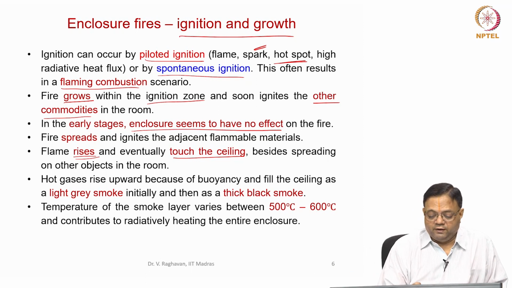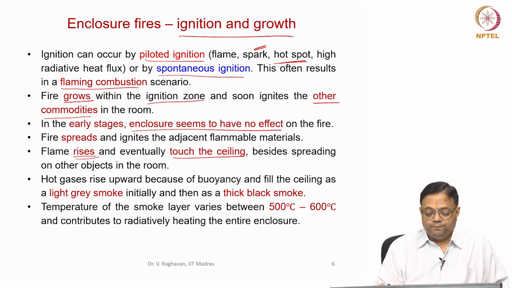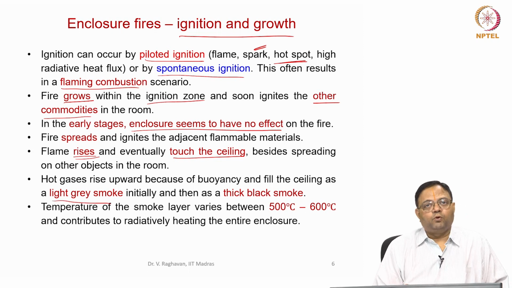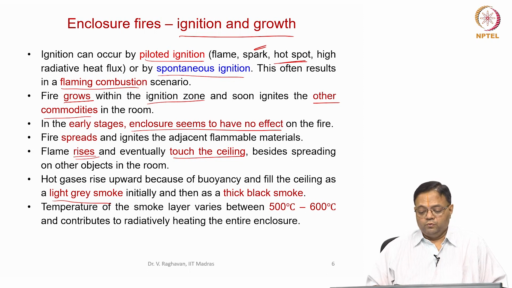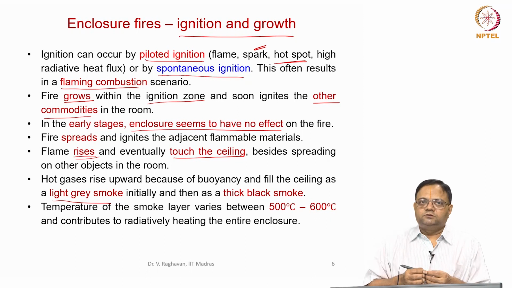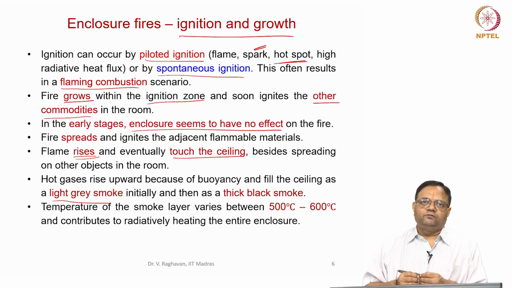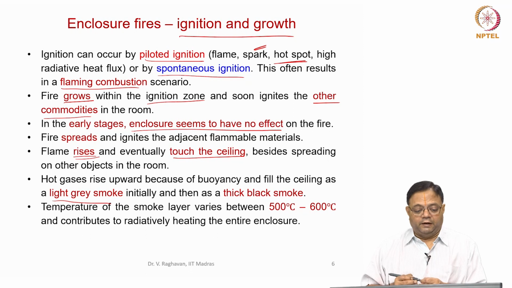The hot gases rise upward because of the buoyancy. We have already seen the plume characteristics. And at the ceiling, first we will say that there will be smoke formation because of some soot particles, but it will be a light grey smoke, because the inception of soot and its conversion initially will be nice. But if more and more fuel burns, and these are all unsaturated materials, hydrocarbons, you will see that more and more soot precursors will come in and soot formation will increase.